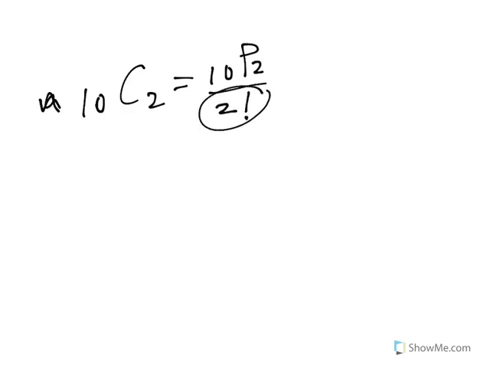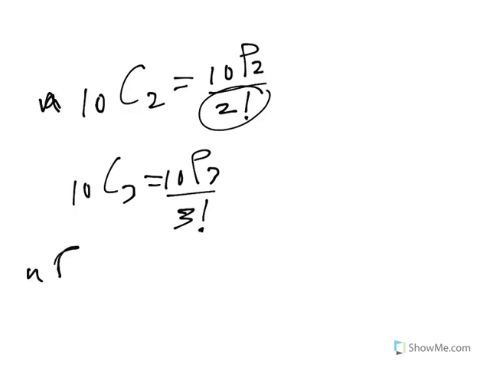Now combinations, like 10C2, it's 10P2, but it's divided by 2 factorial. That accounts for all the repeats, like for 2-scoop cups, every 2-flavor combination we can make 2 different cones, whereas 10C3 is 10P3 over 3 factorial, because each combination can make 6 different cones.